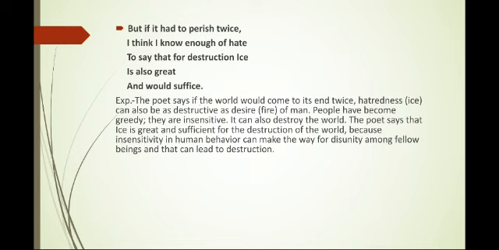The poet knows that hate could be as destructive as rage and desire. The poet says that ice is also great and is sufficient to destroy this world again. According to him, coldness in mankind brings about disunity among fellow beings, and that can also destroy this world.